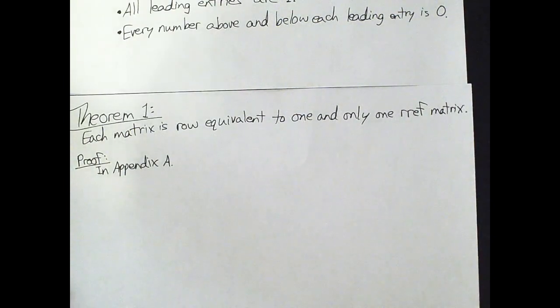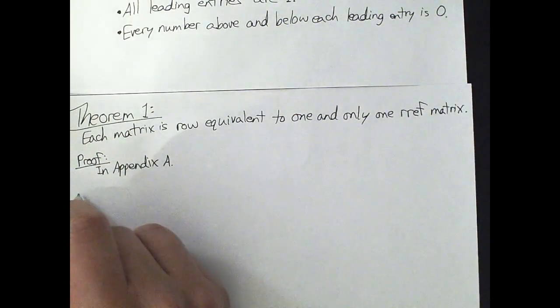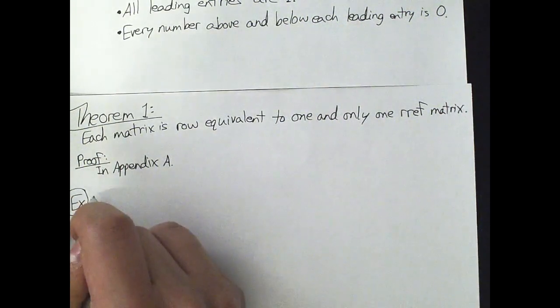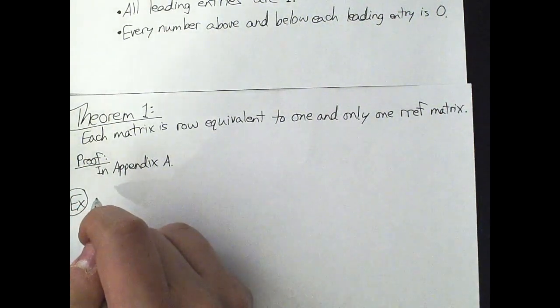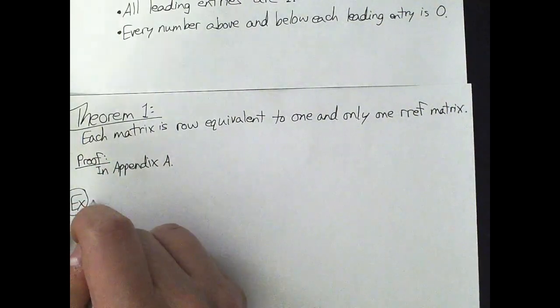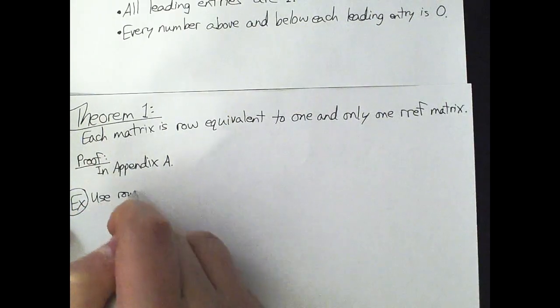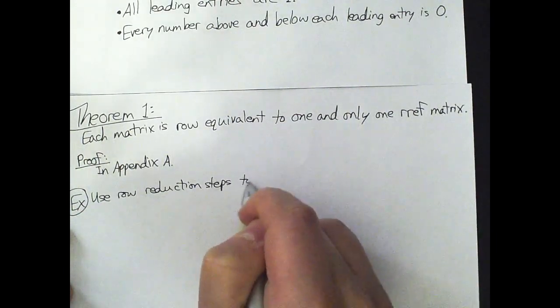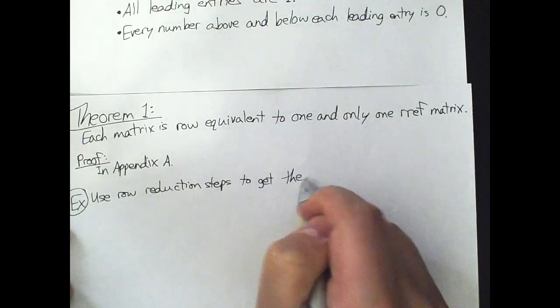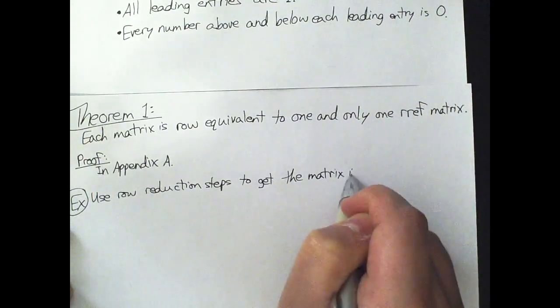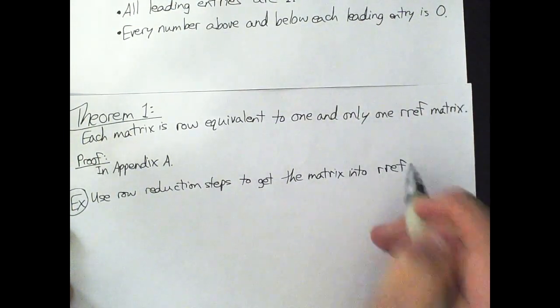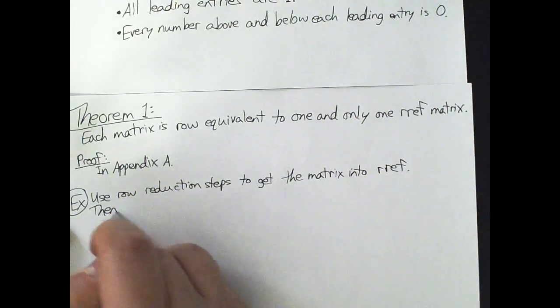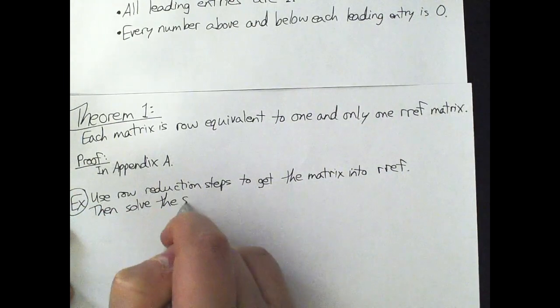All right, I want to show you an example of getting a matrix all the way into this form. So what I'm going to do is let's say use row reduction steps to get the matrix into RREF, then solve the system.